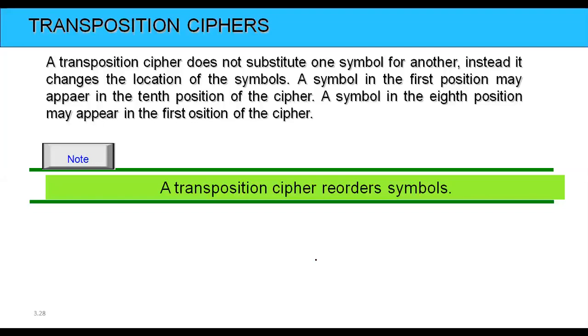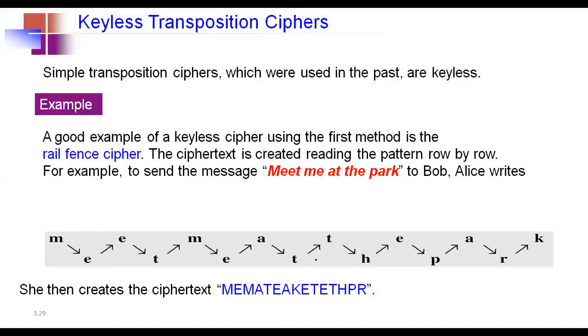This is a very important thing. In a transposition cipher, the ciphertext contains all the characters of the plain text, but the order of the characters is changed from plain text to ciphertext. That's why this is called a transposition cipher.